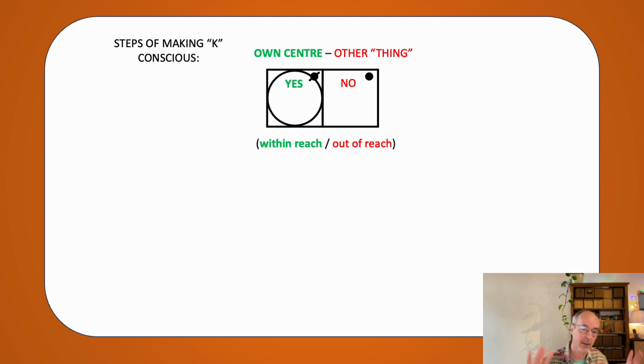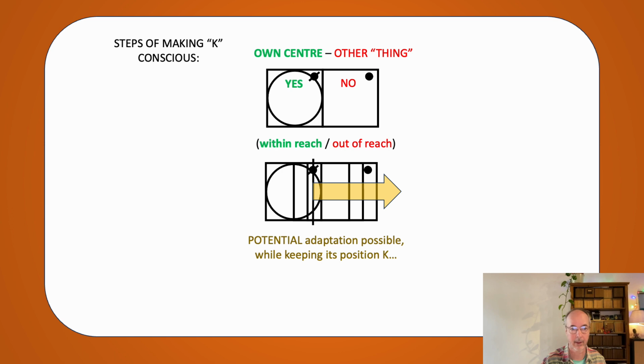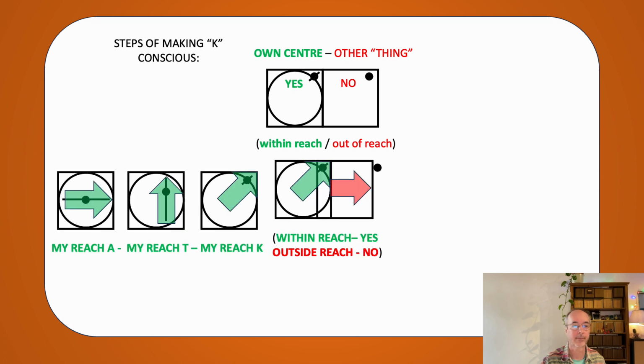It's the other thing. It's out of reach. We have no clue what it is. Potentially, it still says that some adaptation should be possible. So this position of potentially we might be able to do something with it sooner or later is a position that you also take at that point.